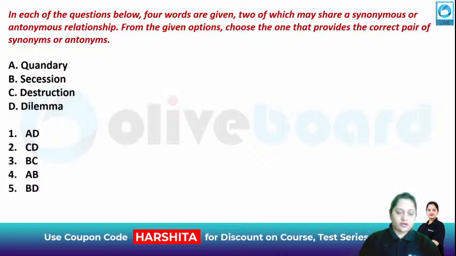It can be a pair of synonyms or antonyms, any. Very much pre-level SBI PO words. These are the kind of words you expect in the paper. Not very tough, not very easy, moderate level vocab based question.